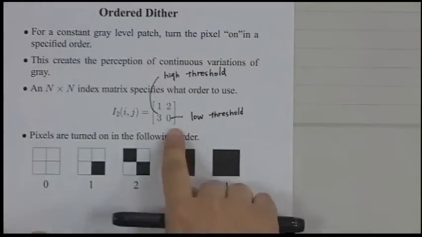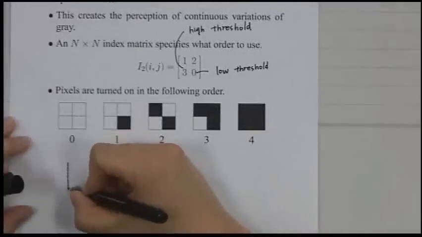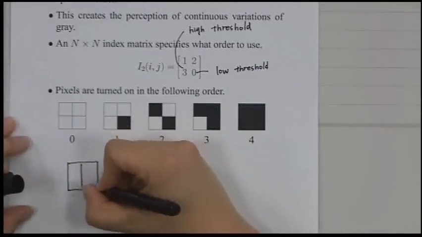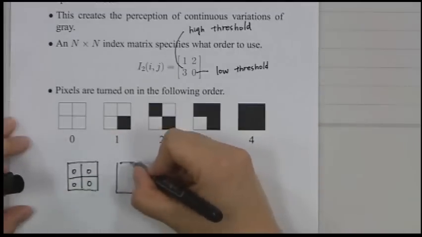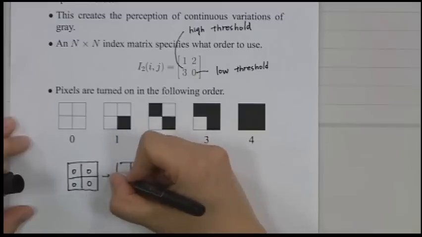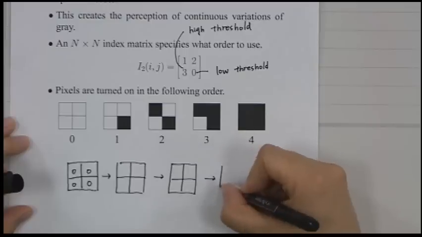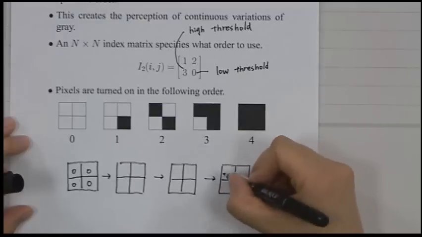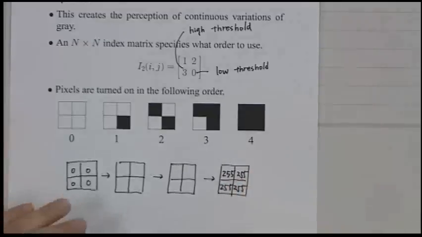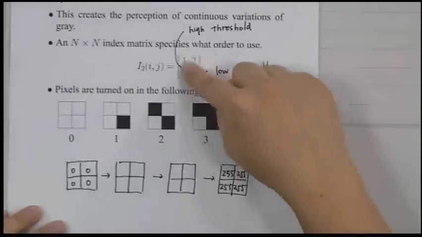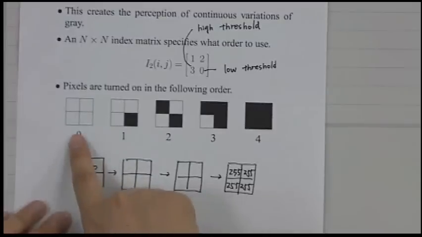If we set a different threshold for each pixel, and think about a uniform input, let's say 0, 0, 0, 0, and then increase the value little by little, and apply this set of thresholds to each different gray level, we can see the outcome.